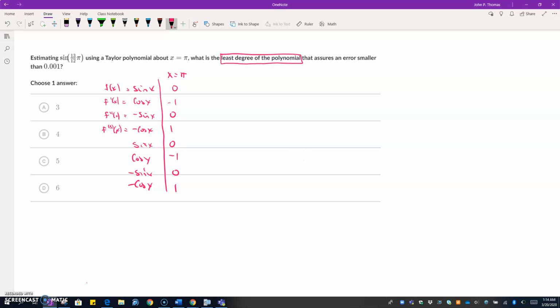So if I want to build a polynomial, we'll call it p sub n of x equals, we're going to start with the first derivative, which is 0, over 0 factorial. Then we're going to take the next one, so minus, and this time we've got 1 over 1 factorial, times x minus the center to the first.